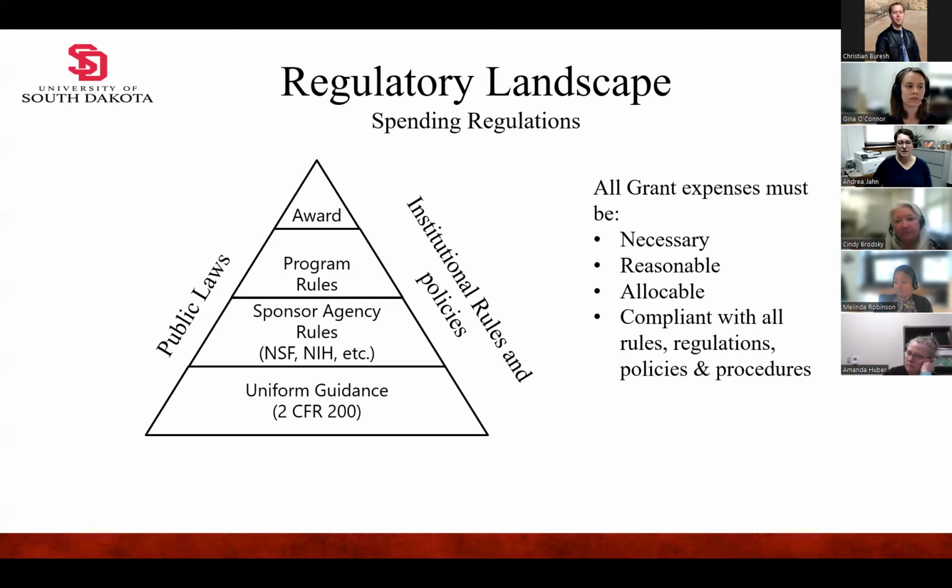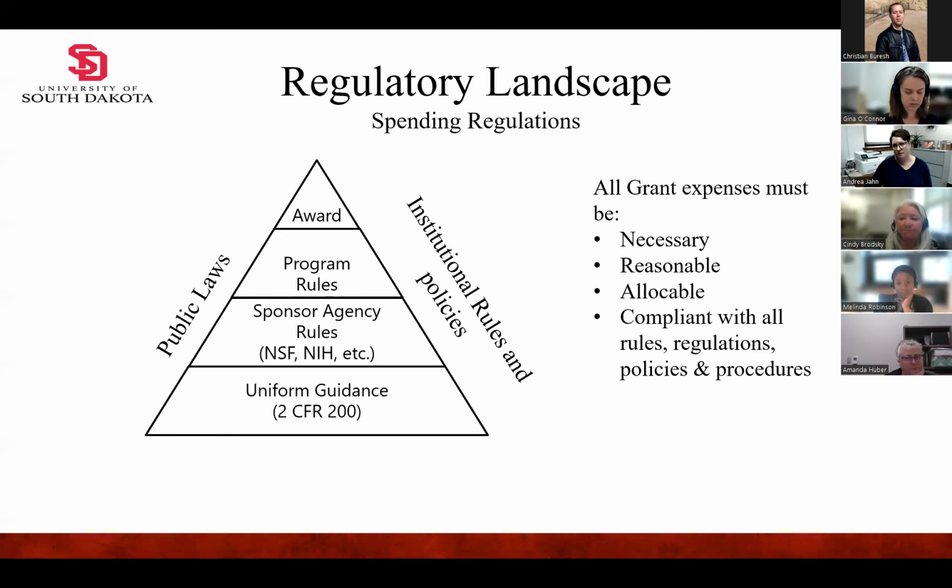And then if you need changes, or you're purchasing something that maybe wasn't in the initial budget, is it part of the project? Is it priced at a reasonable amount? It could be a contract, it could be equipment, it could be supplies.